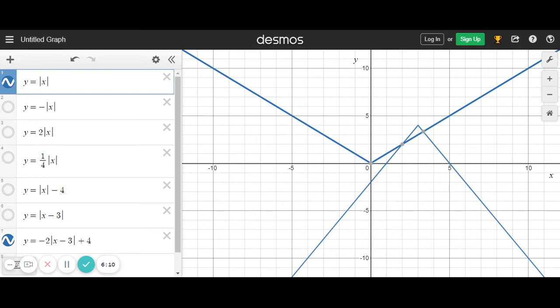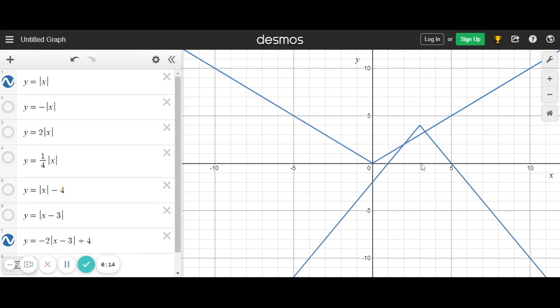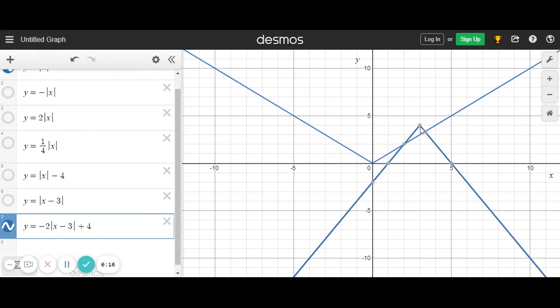The last thing, that +4 at the end, took the vertex that was shifted to here and moved it up 4 units, ultimately to right here. So the vertex we arrived at is (3, 4), because the 3 in that vertex would create the 0 inside the absolute value. 3 minus 3 is 0.